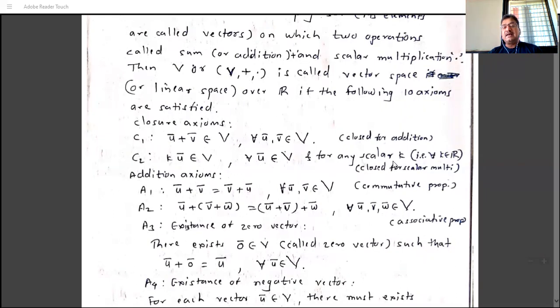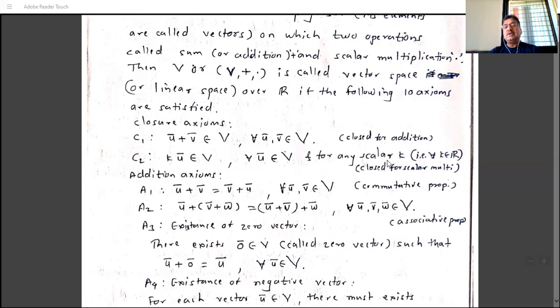If you take any scalar and any element of N, their multiplication does not always belong to N. If you take k as 1/2 and u bar as 4, then 1/2 into 4 is 2, which is a natural number.